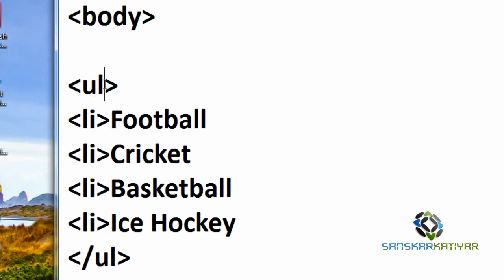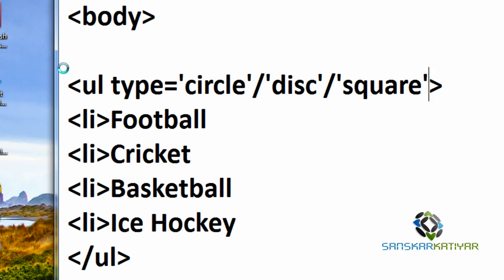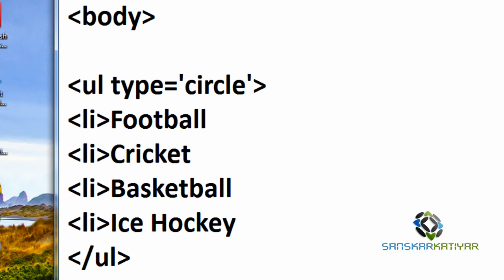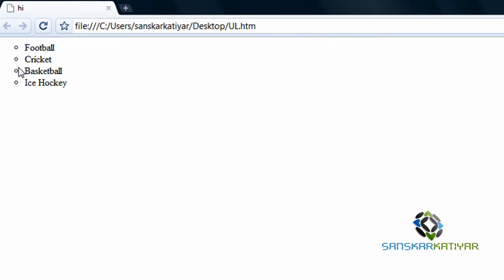And let's see the types of this. In the types we have a circle, disk, and a square. You can choose any one of them. So let's check out what the disk one is.